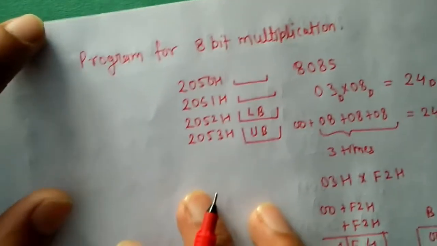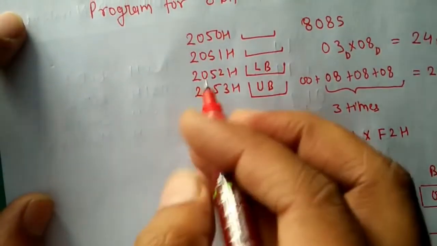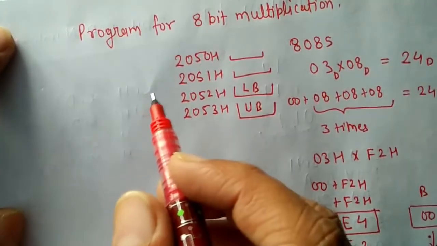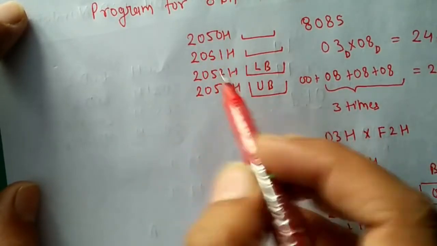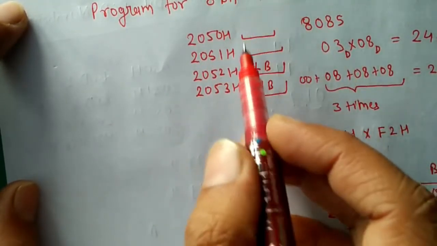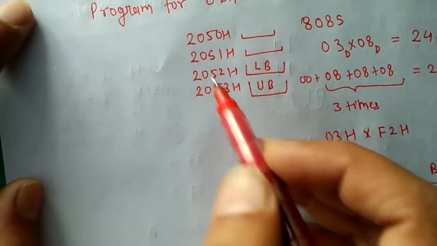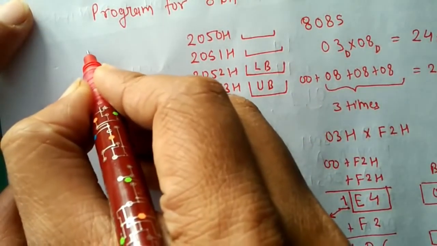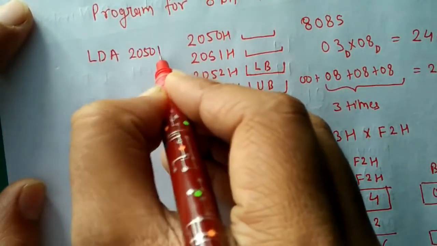After that I am going to the instructions. I have already said earlier that whenever we are going to perform any arithmetic operation, first of all we will require these numbers present in memory to be in the microprocessor. That's why we will write LDA 2050h.